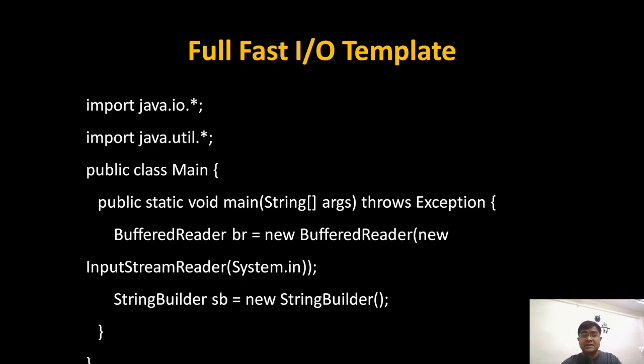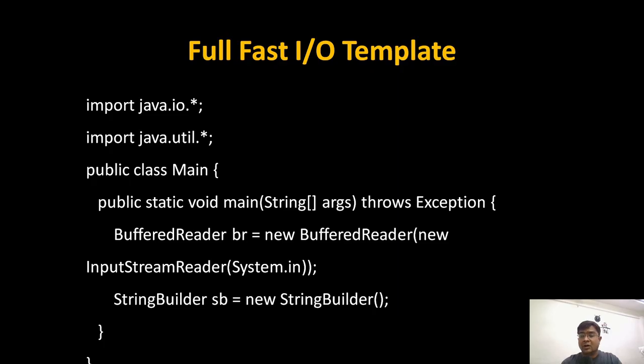The standard template is that you import java.io and java.util, use BufferedReader, and then use StringBuilder so that you can append your strings. You also have to handle the exception by using throws Exception. This is the standard template used in many programming sites, so please save this template if you are serious about DSA.